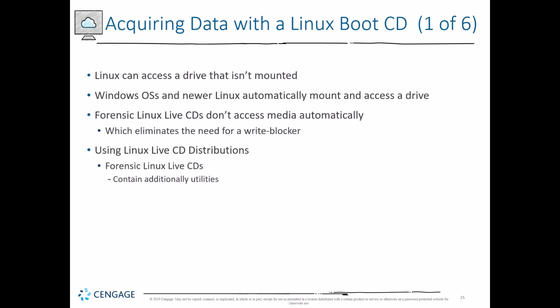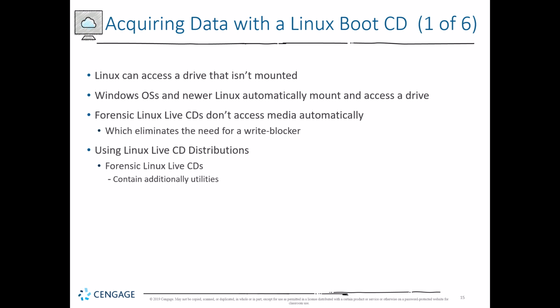In Linux, we have other tools that do the exact same thing using a Linux live CD. Essentially, the forensics live CDs don't access the media automatically. Thus, you don't have to worry about a write blocker. You can open up media in a live disk that will mount it as read-only, so you don't have to worry about any of the data being modified.